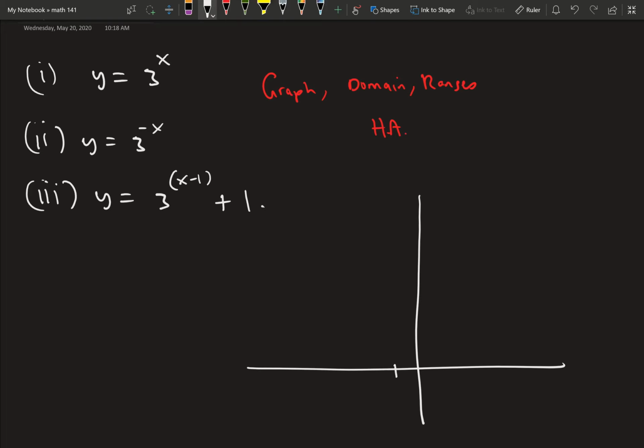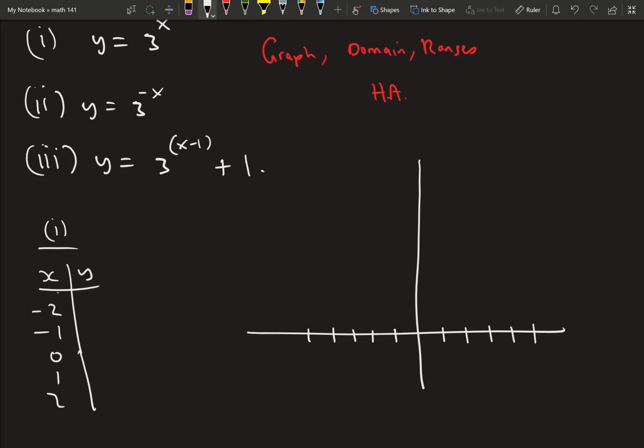Let's label some points here. Okay, and let's do for 1 here just a couple of points to get us going. So -2, -1, 0, 1, and 2.